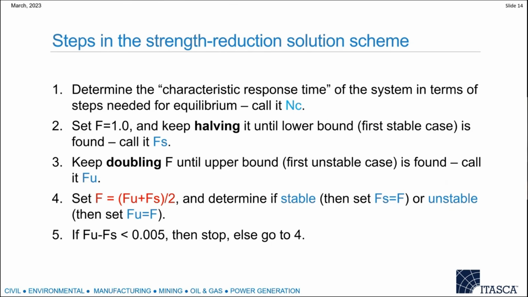Okay. So in FLAC, these are the steps in the strength reduction solution. First, we determine the characteristic response time of the system in terms of steps needed for equilibrium. We call it NC.